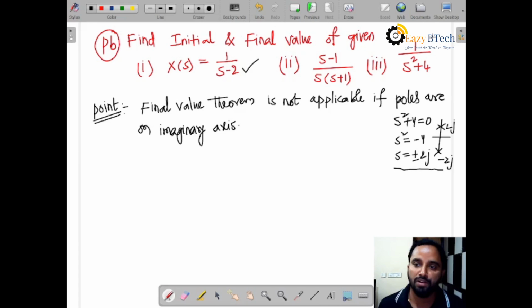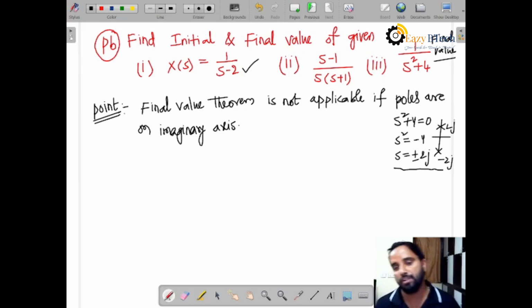So for the third one, the final value theorem is not applicable. Whenever you have poles on the imaginary axis, the final value theorem is not applicable. Right. Next, we will see the solution now.